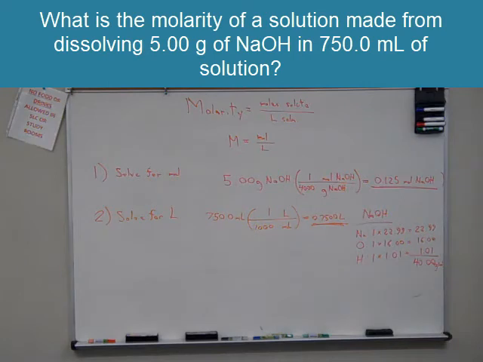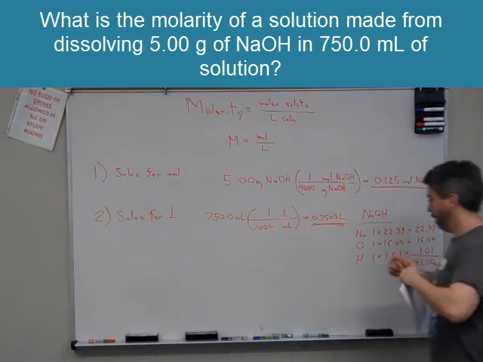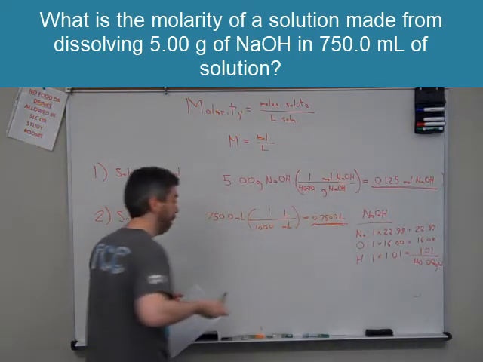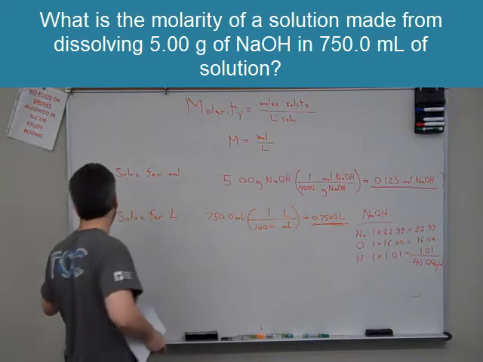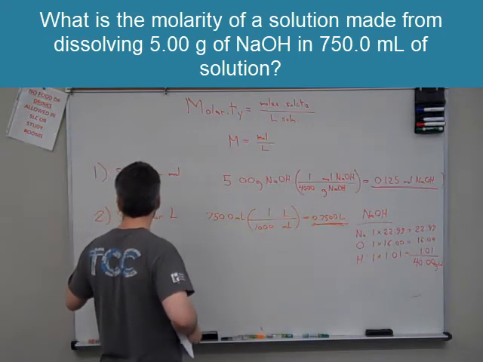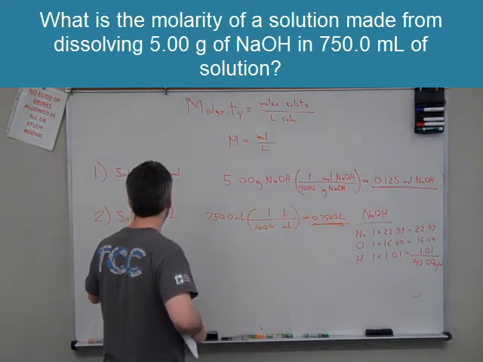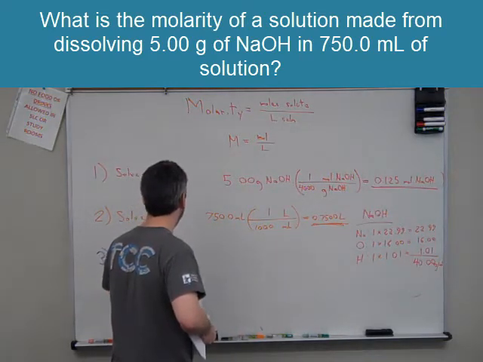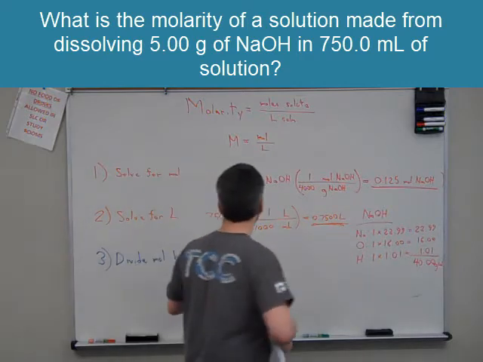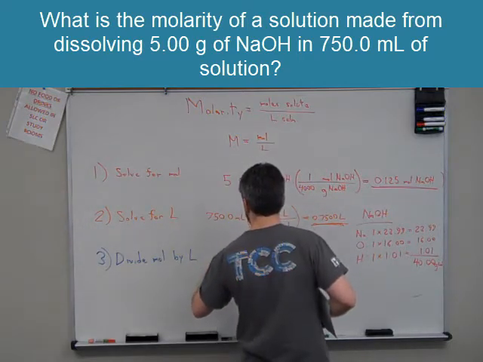So now we have our moles and we have our liters. That brings us to step 3, which is dividing moles over liters. Molarity is equal to moles over liters.